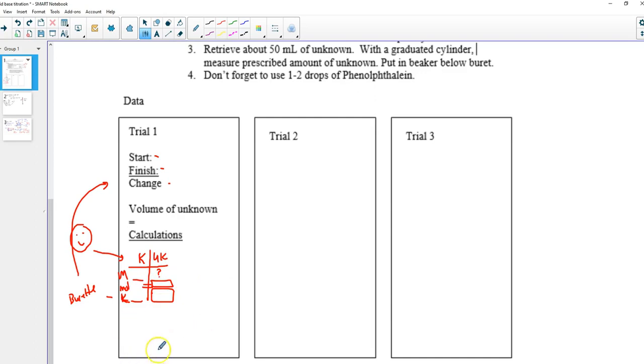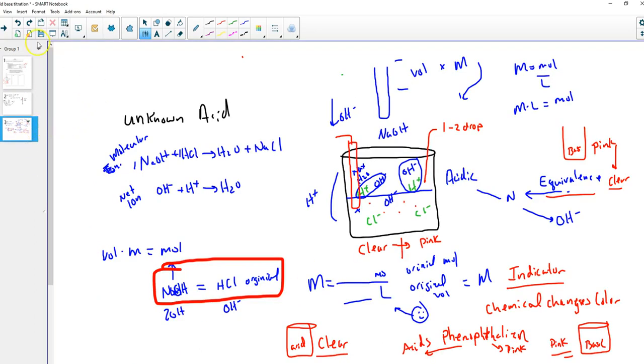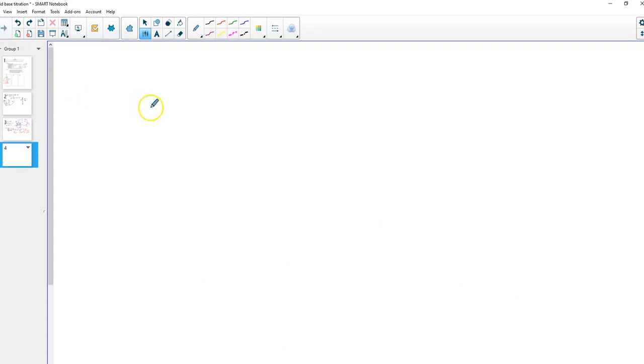The last thing to chit-chat about is generally how this works mathematically. If I have a reaction of HCl and NaOH, and let's say hypothetically that in my bottom beaker I have my NaOH, and I don't know its concentration, and I'm going to drop into it my known 0.1 HCl.